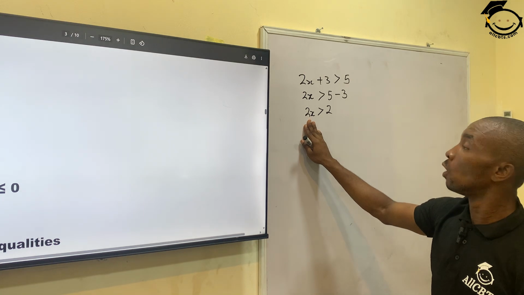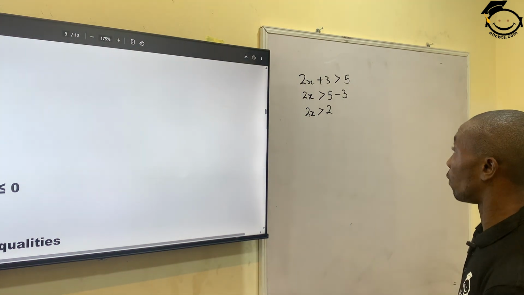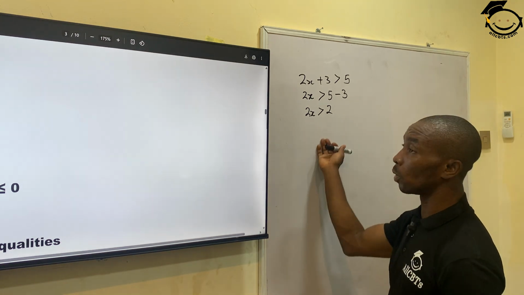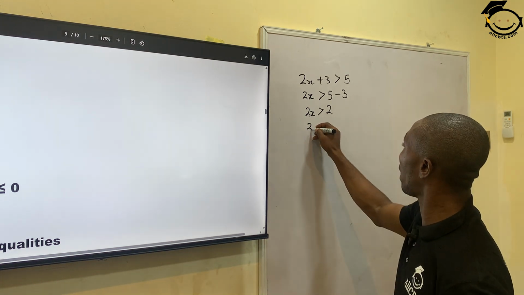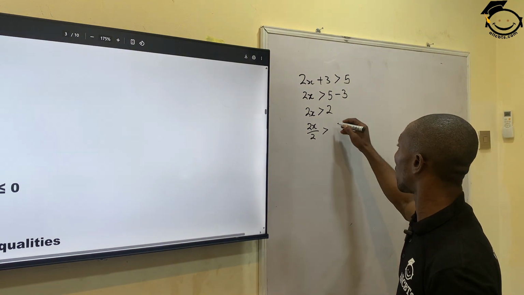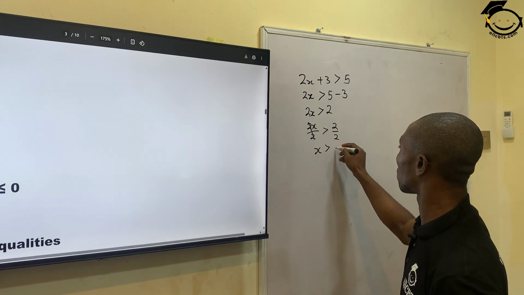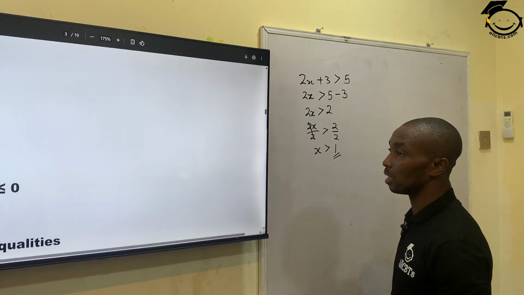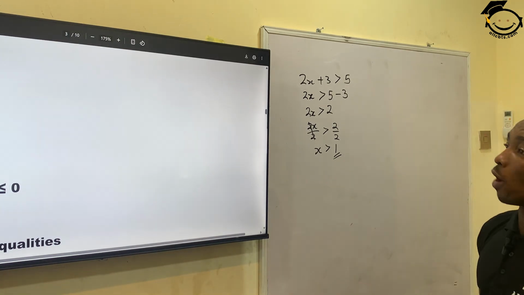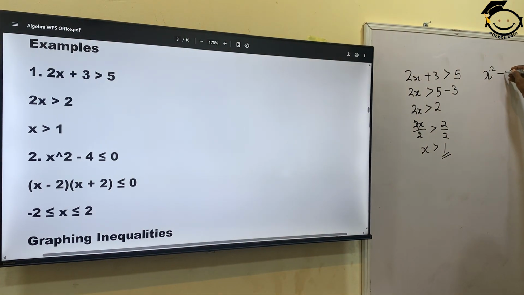What do we do? We have to divide both sides by the constant of our variable, since it's multiplying. So 2x divided by 2 is greater than 2 over 2. So x is greater than 1. That is our solution.